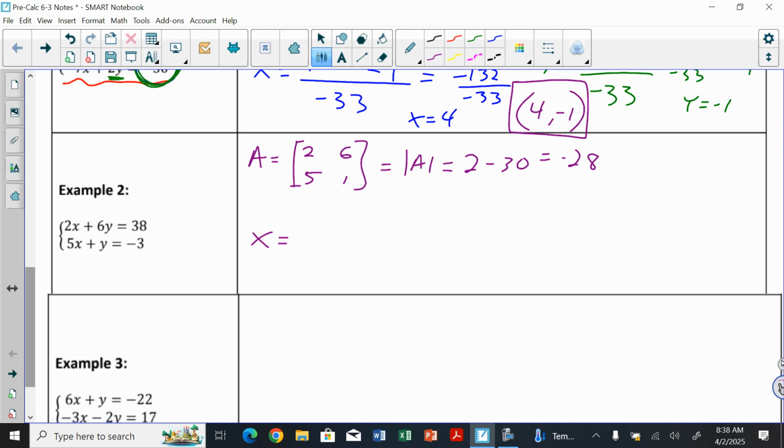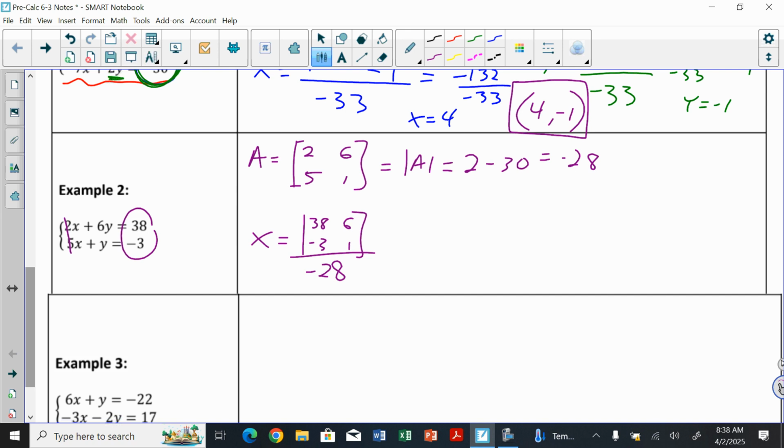So again, for my x, I'm basically replacing this 2 and the 5 with this 38 and negative 3, right? Because that would help us out in doing that. So now the first column is actually going to be 38 and negative 3 instead of 2, 5. Second column stays the same, 6 and 1. And then, of course, it's going to be over that negative 28 because that's the determinant of A. So we have to do that one first.